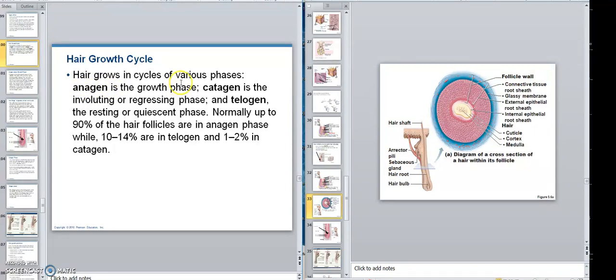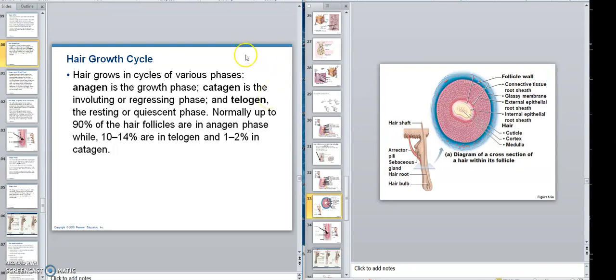The catagen phase is when the hair just stops growing and is just sitting there, and then telogen is when it falls out. Now, all hair will go through those, but if you don't have any disease, let's think of the head. One hair in one position is adjacent to another hair, but the growth period and those stages in that hair are not the same as the one next to it. All of them work independently.